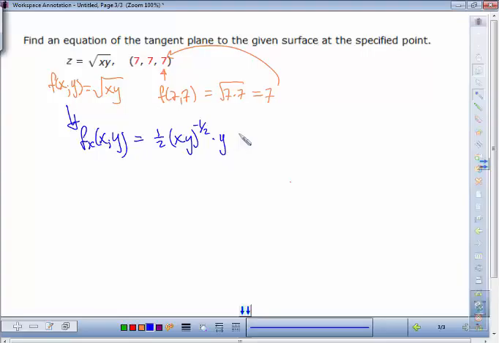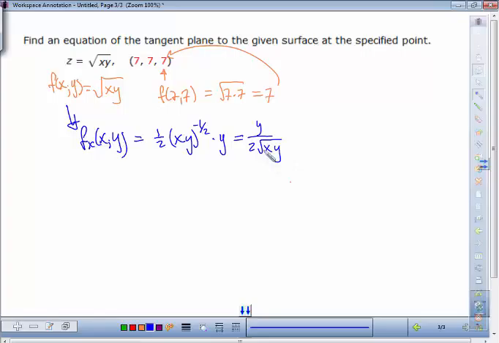So if I rewrite this, you don't have to simplify, but I think it might be good to look at it in the simplified version so that you can anticipate what the next one might look like or be able to plug in the values. I think I have a y up on top, and then the 2 in the bottom, and then the square root of xy.